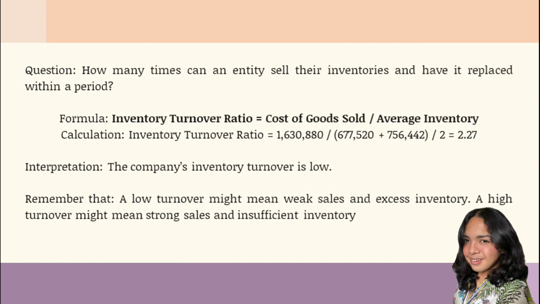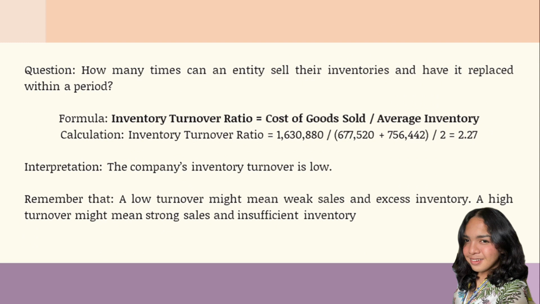Second, how many times can an entity sell their inventories and have it replaced within a period? So the formula, inventory turnover ratio equals cost of goods sold divided by average inventory.